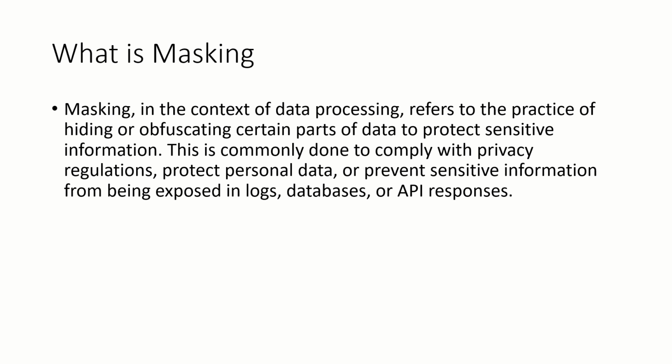Obfuscating means making that piece of data unclear to the user, either by encoding or encrypting it. So masking is the practice of hiding or obfuscating certain parts of data to protect sensitive information.